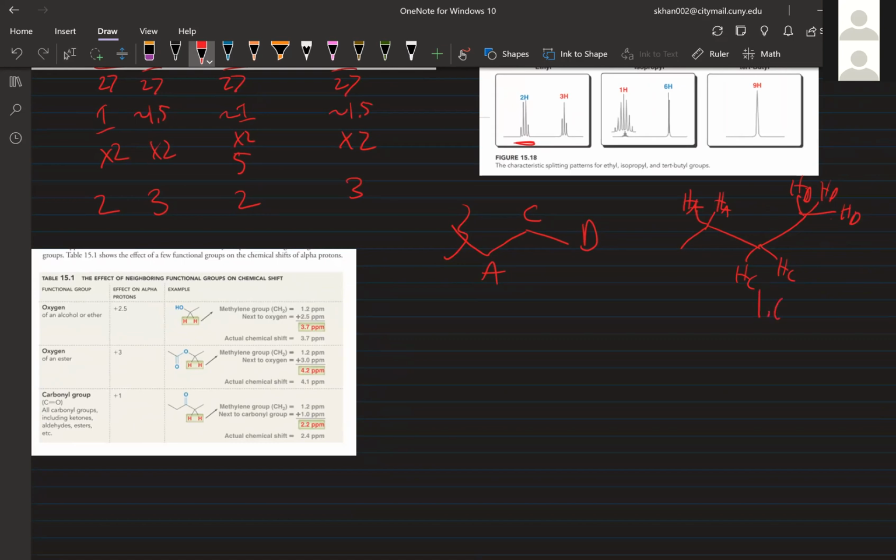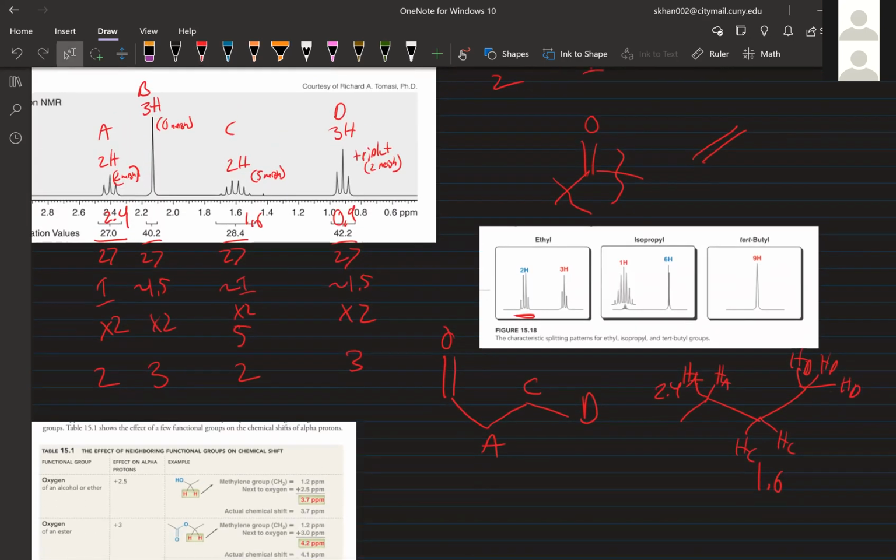C was at 1.6 and this is at 2.4. It's almost an approximate 0.8 to 1 shift. What kind of group is A probably next to then? And it would make sense that it doesn't have any other neighbors at that point. So here and now we could basically add the carbonyl group. So that accounts for our 1 degree of unsaturation. And now the rest of this once again makes sense.